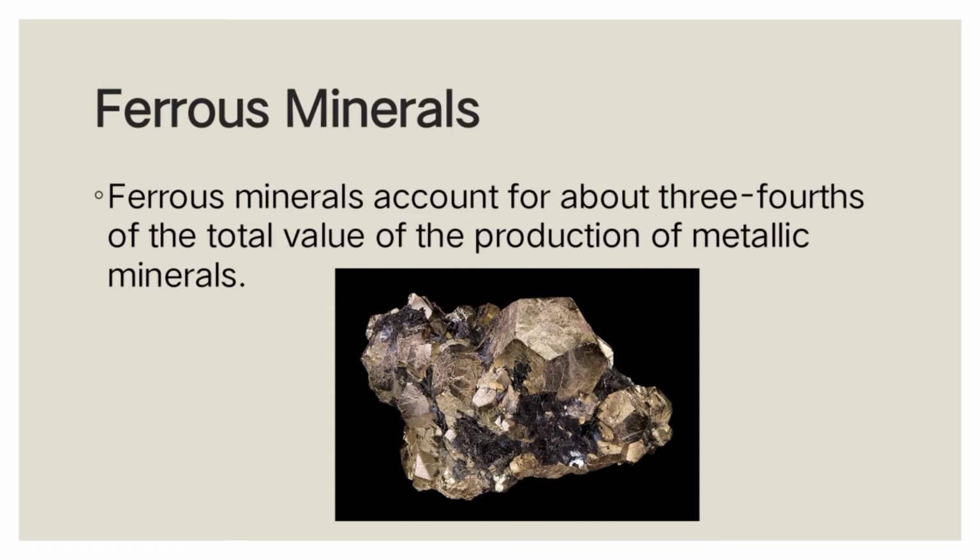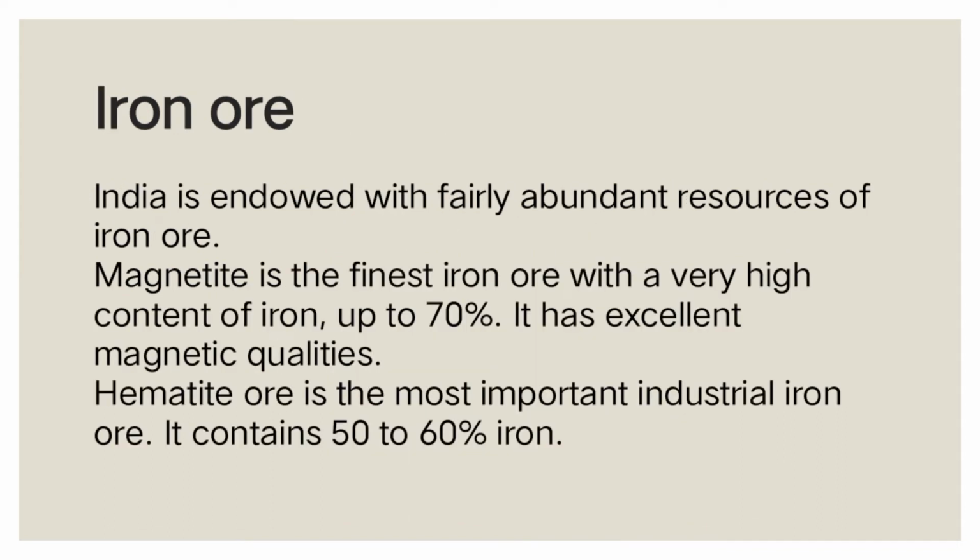Ferrous minerals. The ferrous minerals account for about three-fourths of the total value of the production of metallic minerals. India is endowed with fairly abundant resources of iron ore. Magnetite is the finest quality of iron ore.